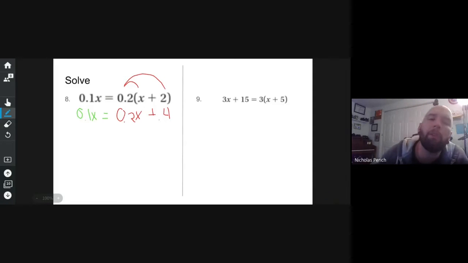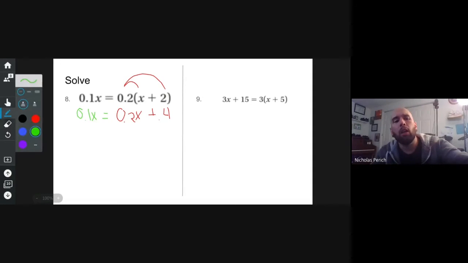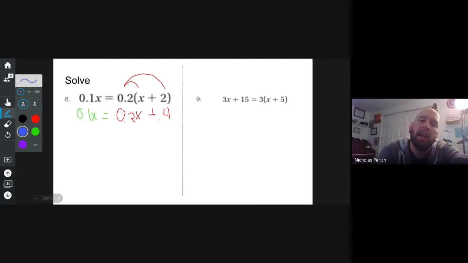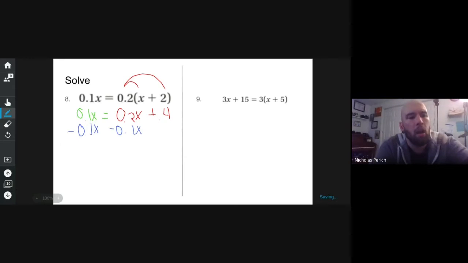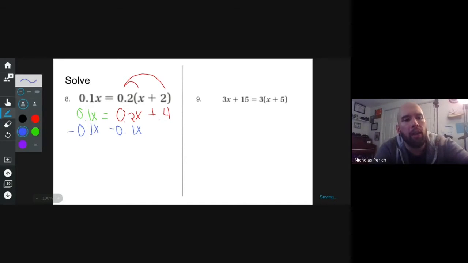Now what I have to do is subtract. I have an x on the left, and I have an x on the right. So I'm going to take my smallest x, which is this guy, and subtract it from both sides. I'm going to subtract 0.1x from both sides. I'm going to cross the guy out on the left.